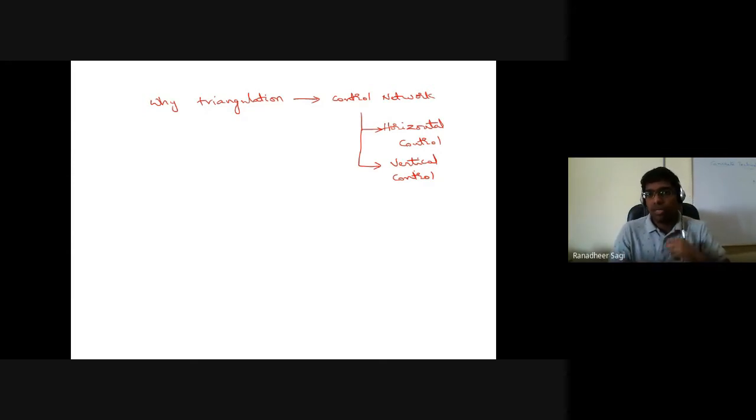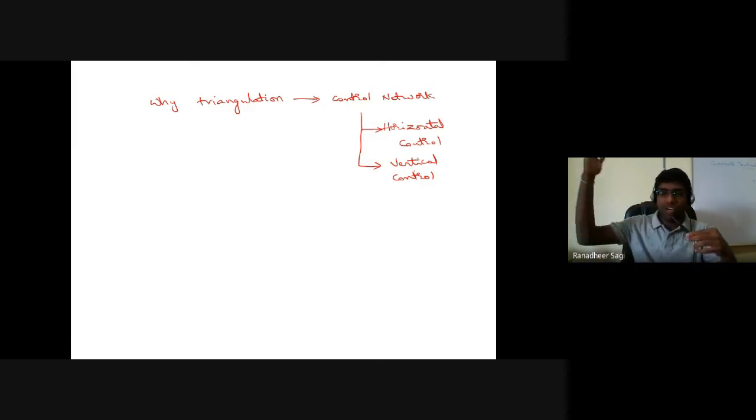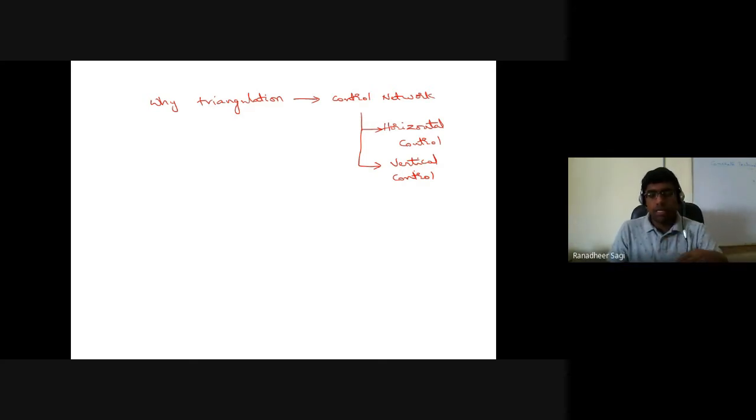So that's how we say we are going to have a horizontal control network. Subsequently, we are also going to talk about what is called vertical control, understanding the elevation variation between points, looking at one object here and another object at a different elevation, maybe higher or lower. All that we can get to know from triangulation.